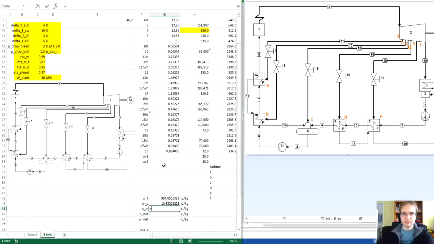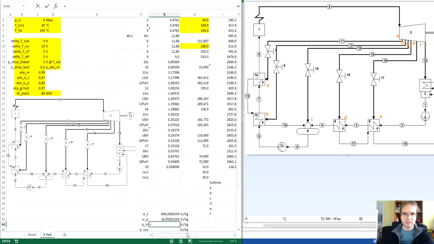The heat input is still straightforward, it's just difference of enthalpies 9 and 8.